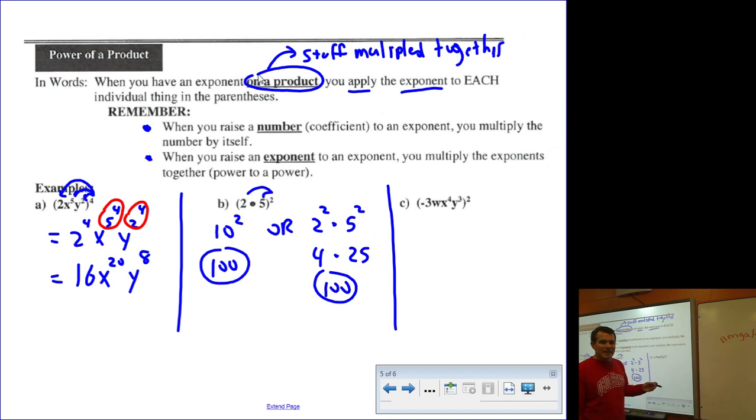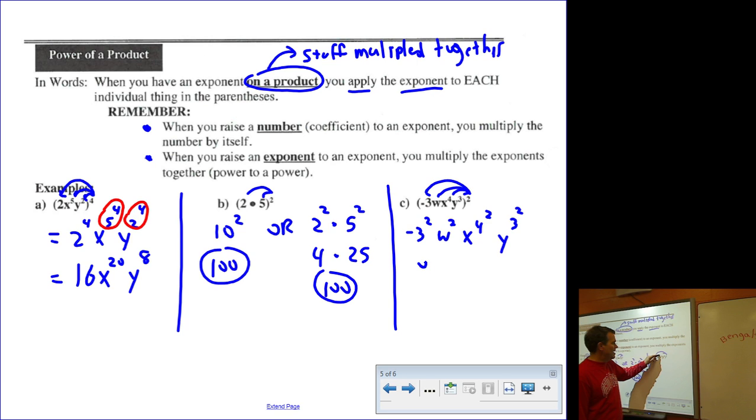So in our last example, one more time, I am taking this 2 and I am applying it to each term in the product. I would have negative 3 to the 2nd, w to the 2nd, x to the 4th to the 2nd, y to the 3rd to the 2nd. And here we go. Let's evaluate.